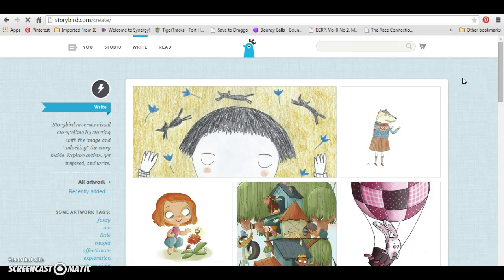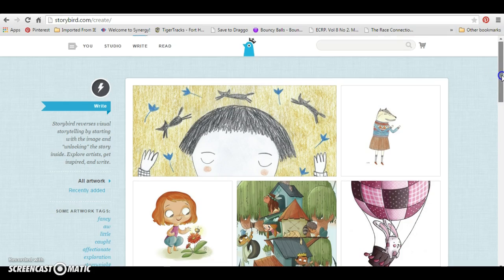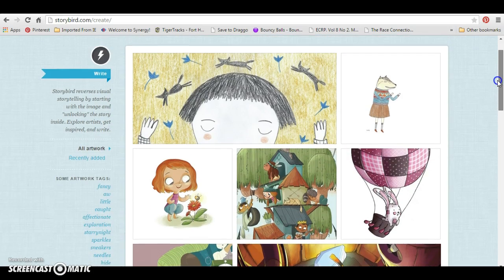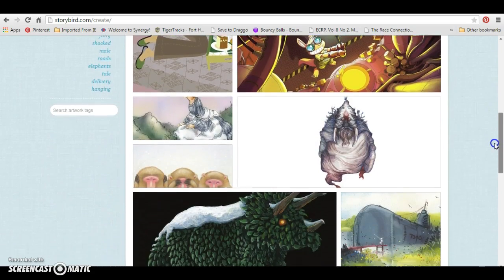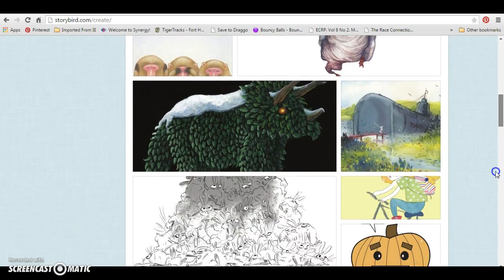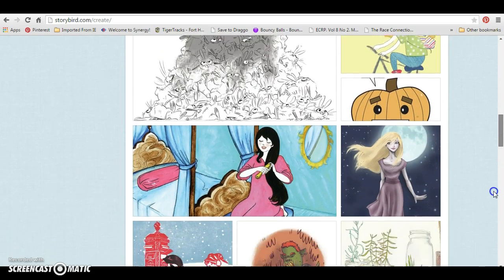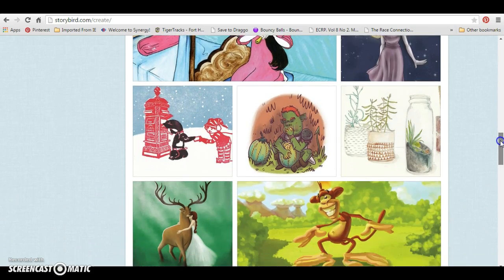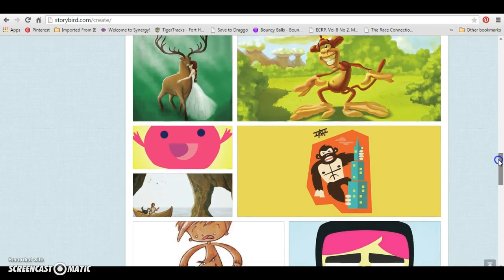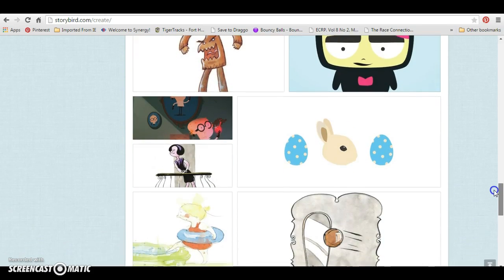Instead of writing the story and then drawing the pictures, they pick pictures that they like and then they write a story around it. So it gives you all of these ideas, and they get to pick something that interests them. So as you see, there's a lot of different things that would appeal to different kiddos.